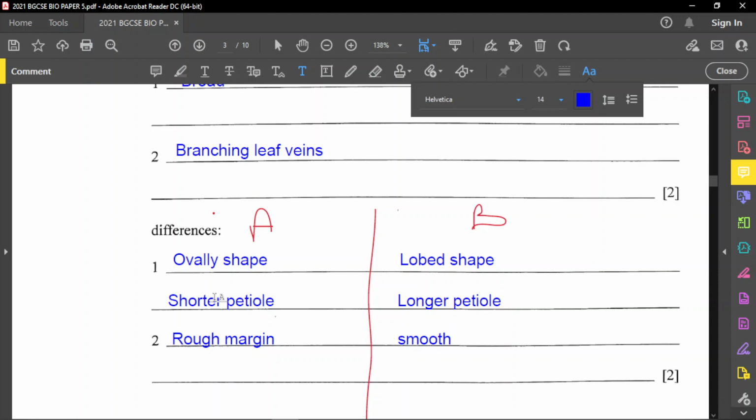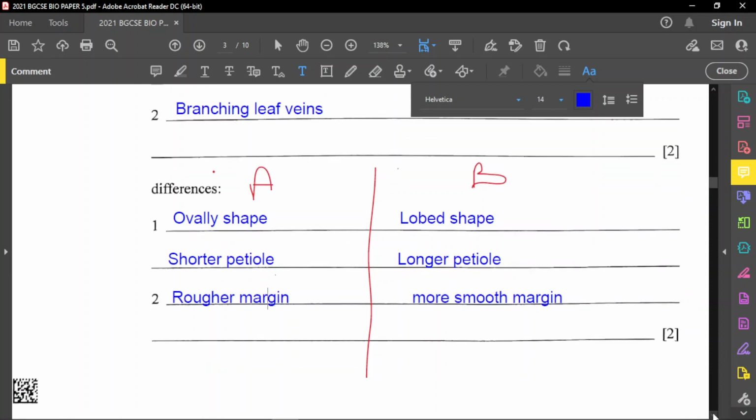It's not totally smooth, but it's smoother by comparison. So the margin is rougher in leaf A and more smooth in leaf B. That's that part of the question.